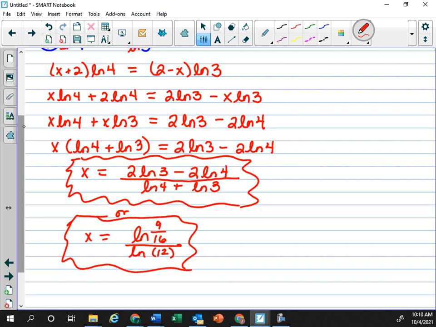This is really the natural log of 3 squared divided by 4 squared. Okay. Same thing down here, 4 times 3. So just be aware that if it's a multiple choice question, you might have to recognize your answer in a different format. Okay, but those are equivalent. They mean the same thing.